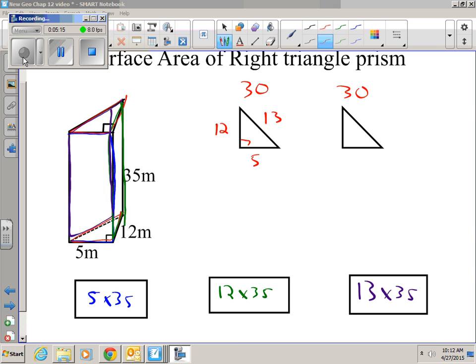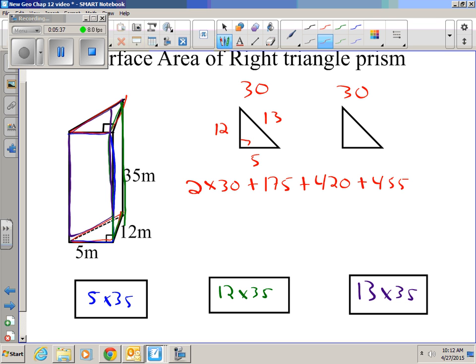So the surface area of this prism is going to be two faces that have an area of 30, plus 5 times 35, which is 175, plus 12 times 35, which is 420, plus 13 times 35, which is 455. All of that adds up to 1,110. There's my surface area.